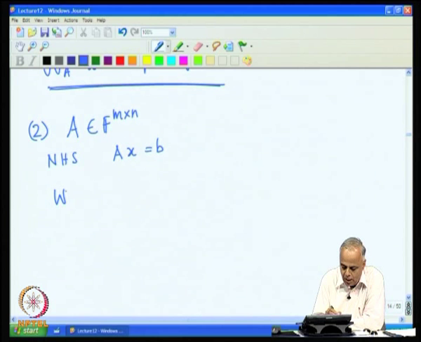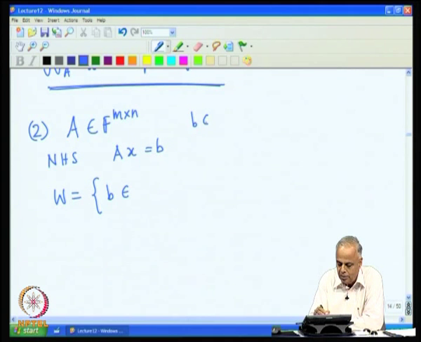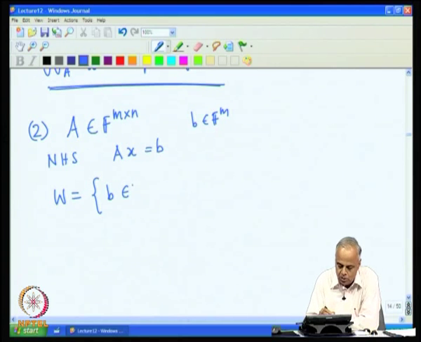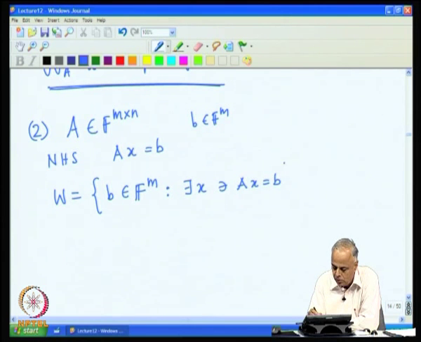So, we will now look at W. Now, where is this b? This b is in F m, because A is an m by n matrix, x is n by 1. So, the product will be m by 1. So, we are looking at all those b's in F m such that there exists a solution x satisfying A x equal to b.